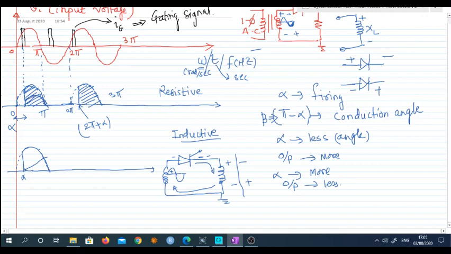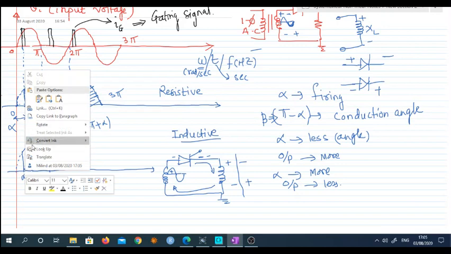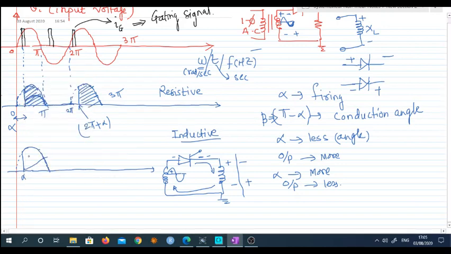But here, at alpha the current builds up, and at this point when voltage reaches zero, the current will reach the maximum value, and then it will extend for some time after this, because of which we get a negative spike in the output voltage, and therefore this type of waveform will appear in the output voltage.